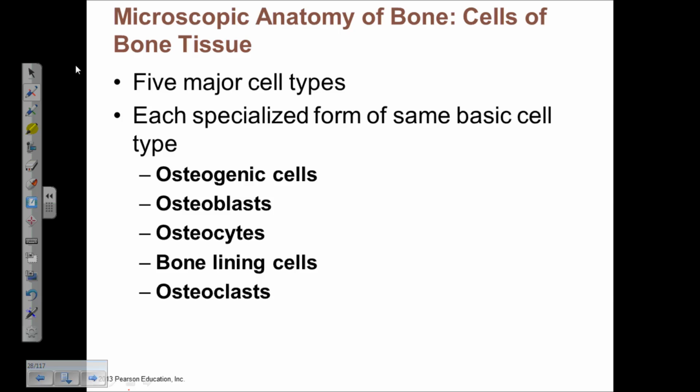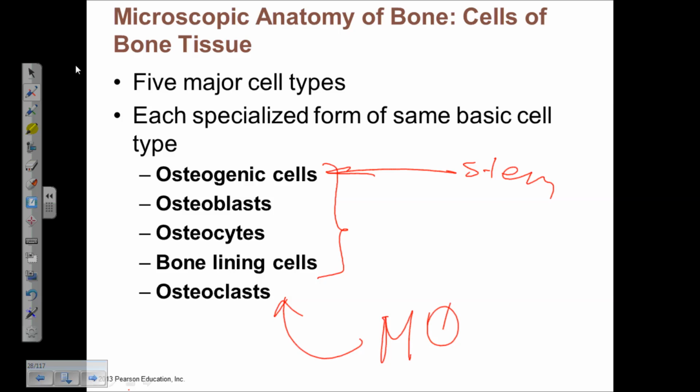Osteogenic cells, osteoblasts, osteocytes, and bone lining cells all come from one precursor, which is the osteogenic cell. Osteoclasts come from macrophages, cells that are produced by the bone marrow.